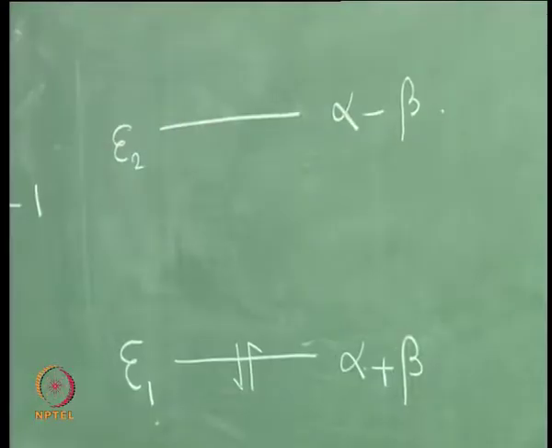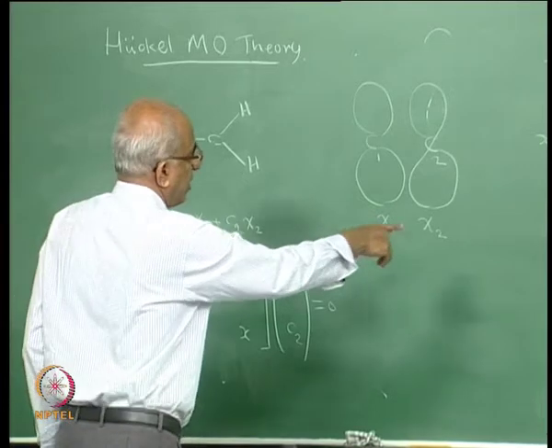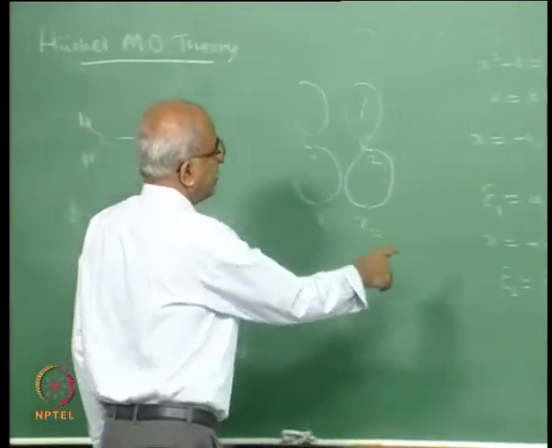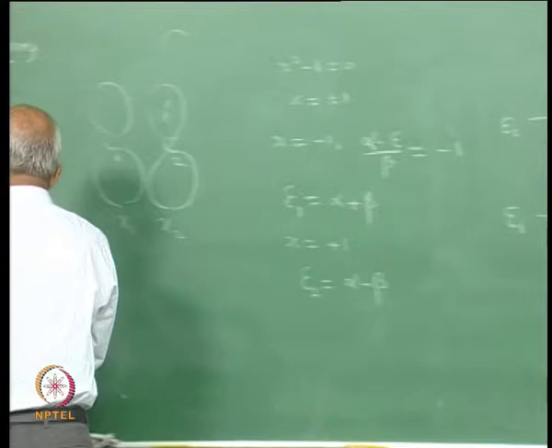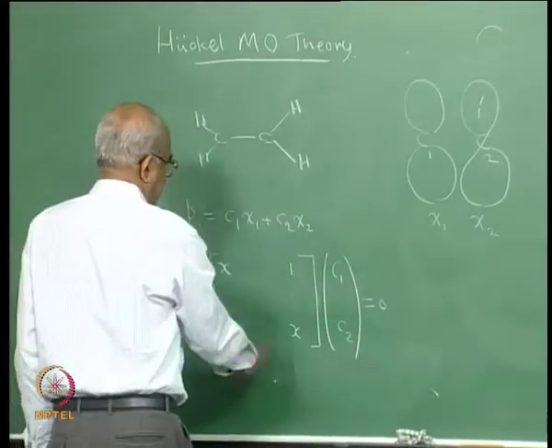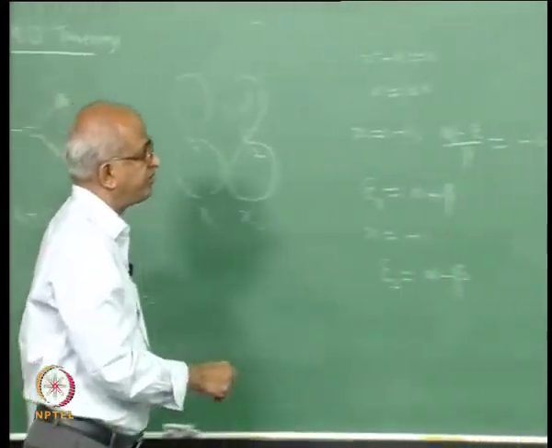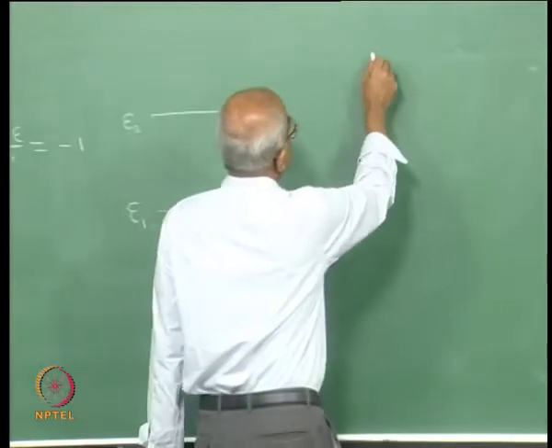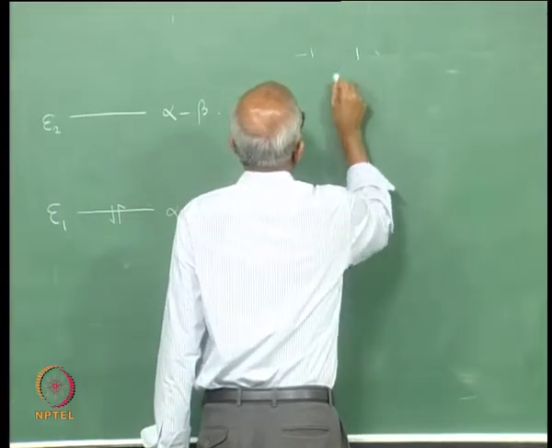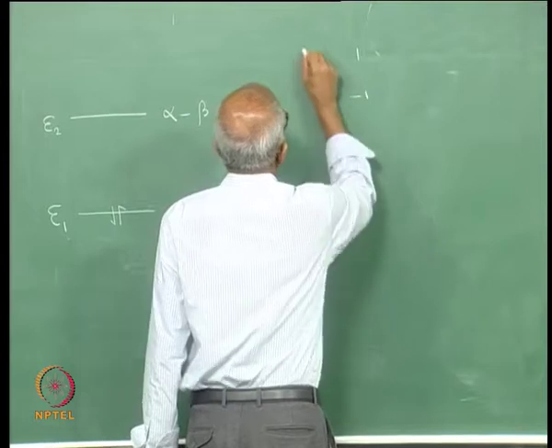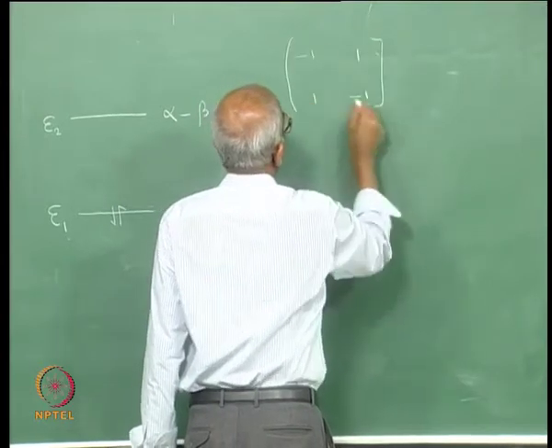And then the next thing that I will do is calculate the molecular orbitals. How will I calculate that? When x is minus 1, I am going to put x equal to minus 1 into this equation. So, if we put x equal to minus 1, what will you get? The matrix equation will look like this.